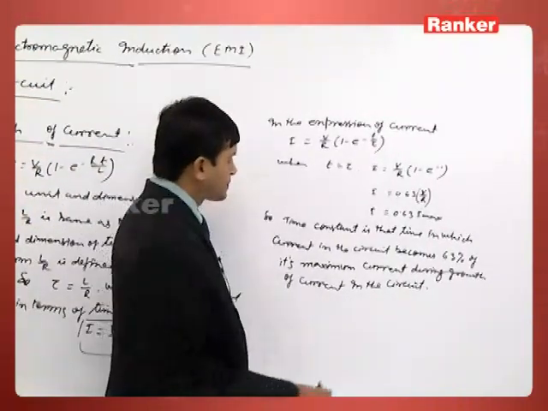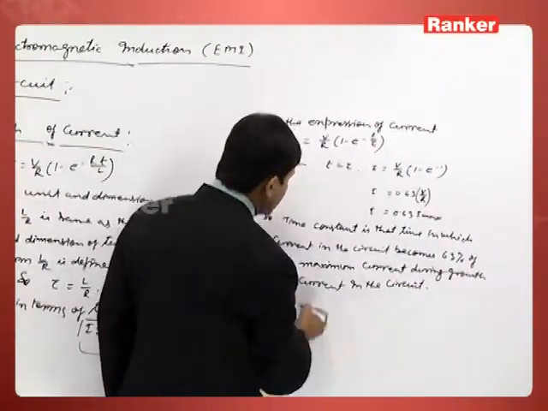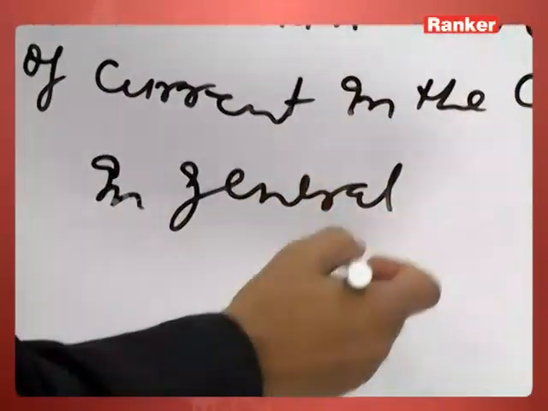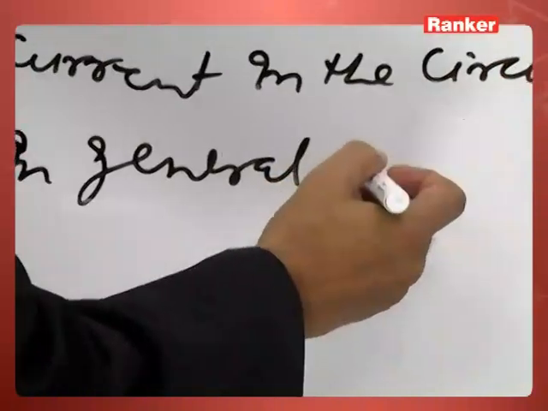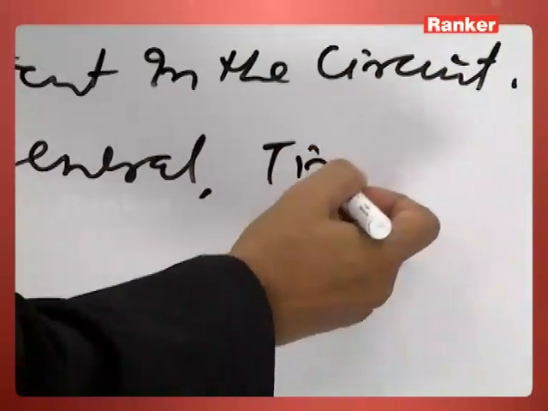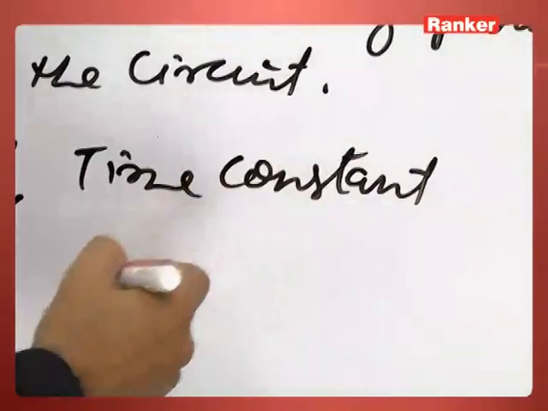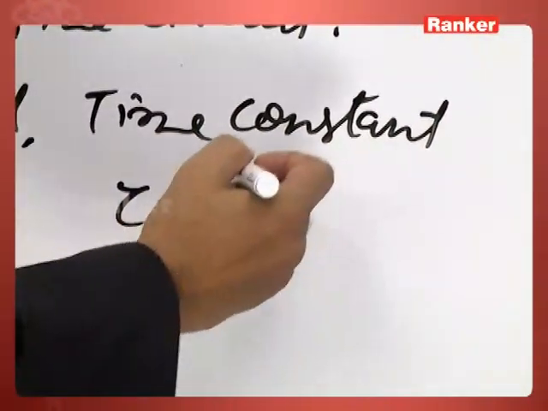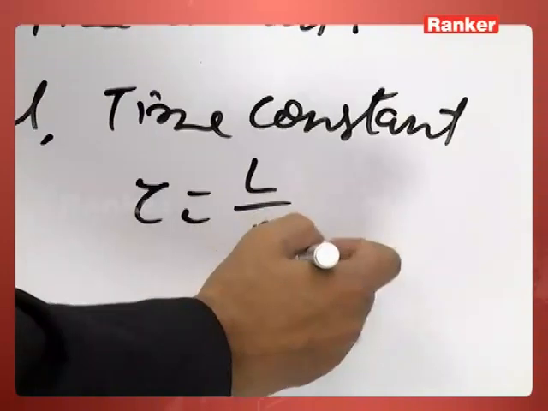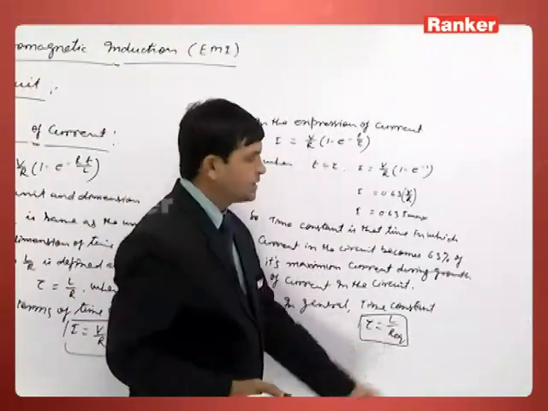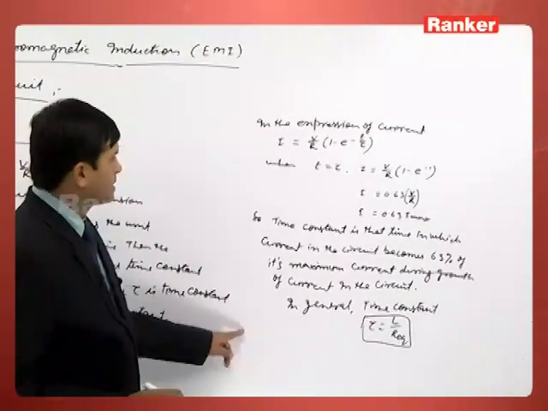And now, in general, time constant can be written as tau is equal to L by R equivalent. It's a very important term here, R equivalent.